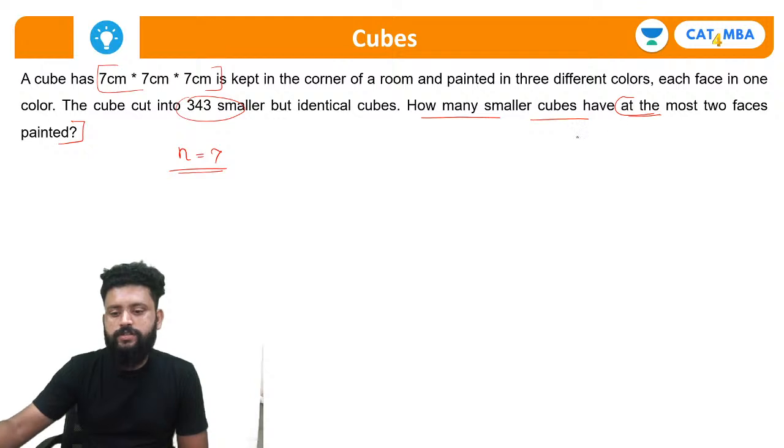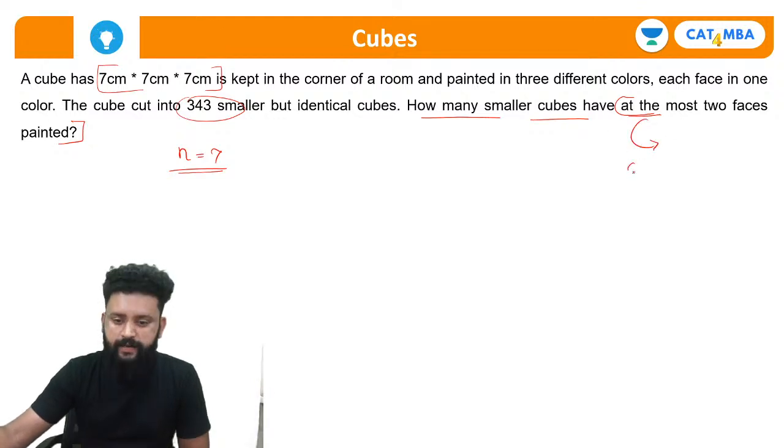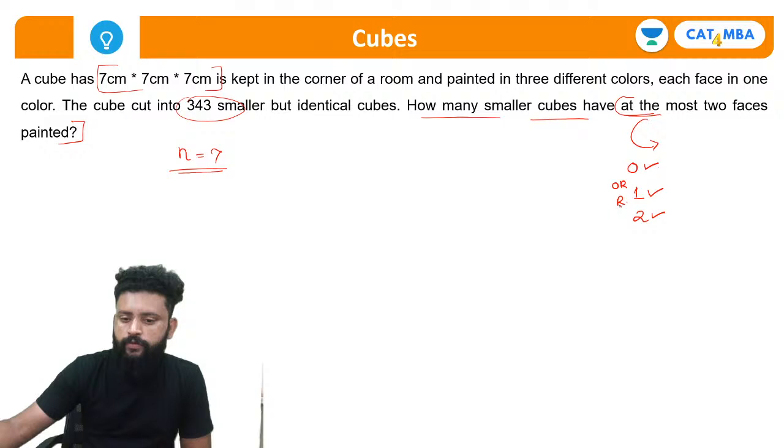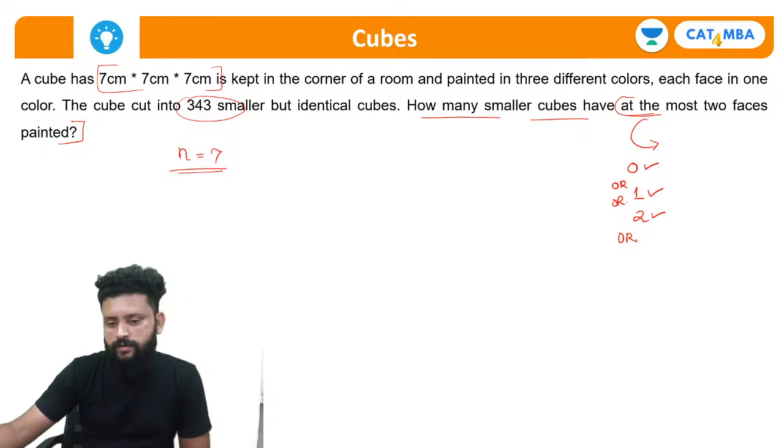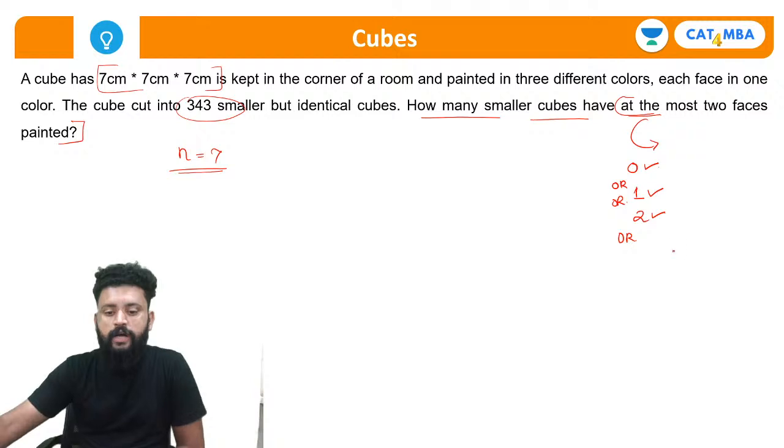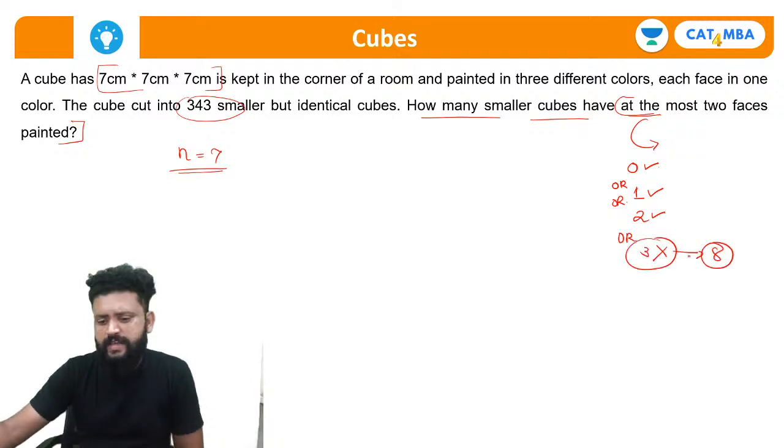At most 2 faces painted means 0 faces will do, even 1 face will do, and even 2 faces will do. The thing which we need not count is the 3 surface ones, they won't work, and we know 3 surface cubes are 8, and there are 343 total.